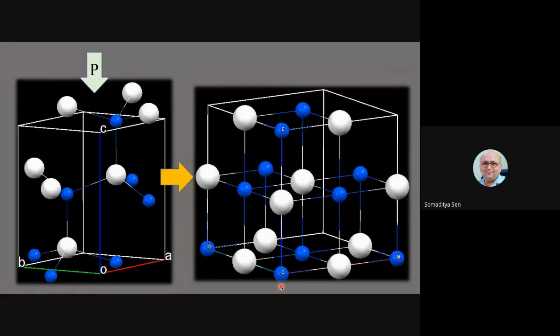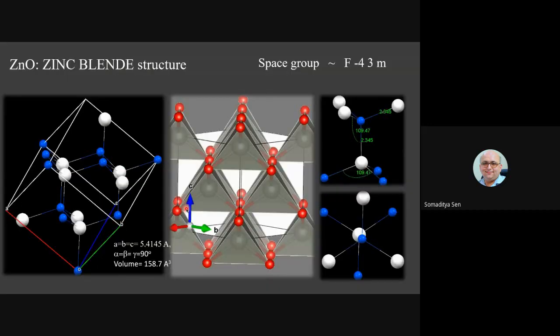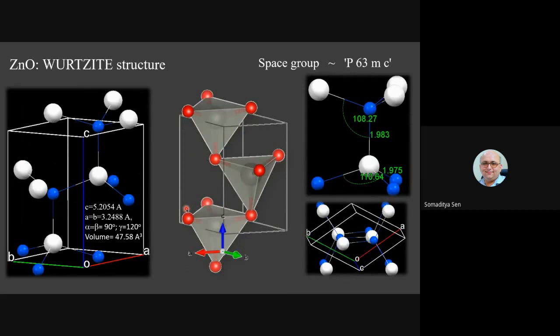Now as I said, if you pressurize the Woodside structure, you are bringing these 3 oxygens to the plane of this zinc, and then you can move on to a structure which looks like this. So this will move to that. If I go back to the Woodside structure, I want to tell you something very interesting here.